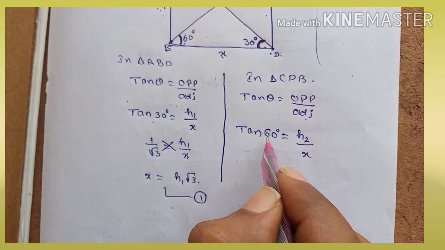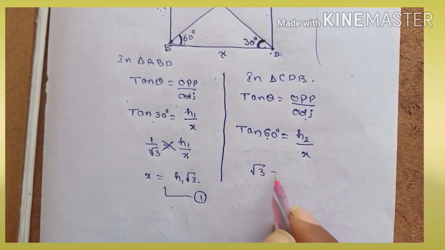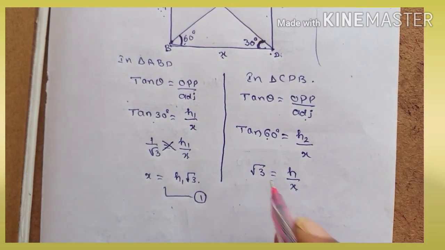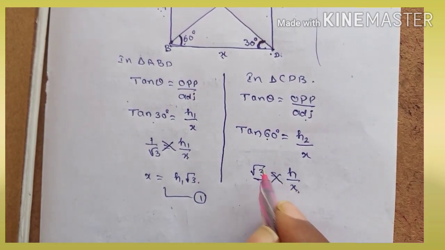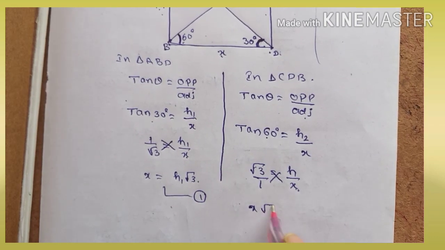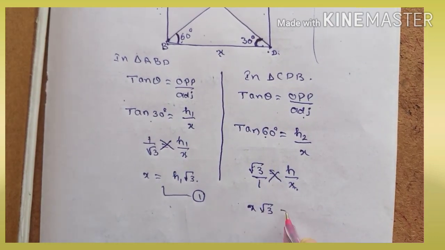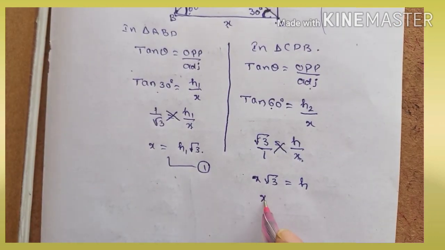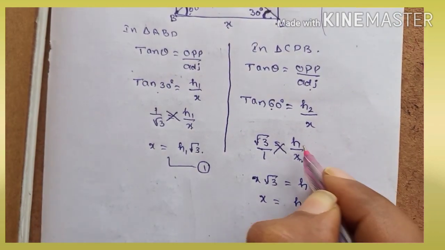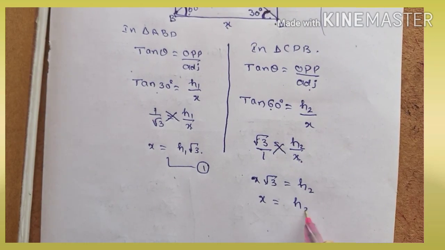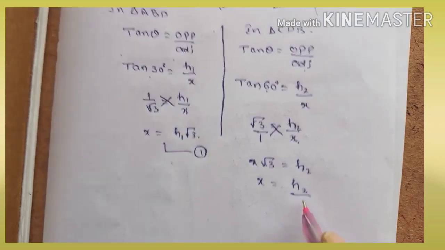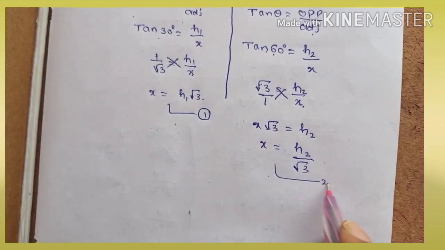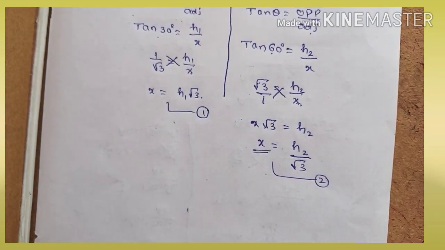Tan 60 is equal to root 3, which is H2 by X. Apply cross multiplication. So X into root 3 is equal to H2. Now the value of X is equal to H2 by root 3. In the second case also we got the X value.